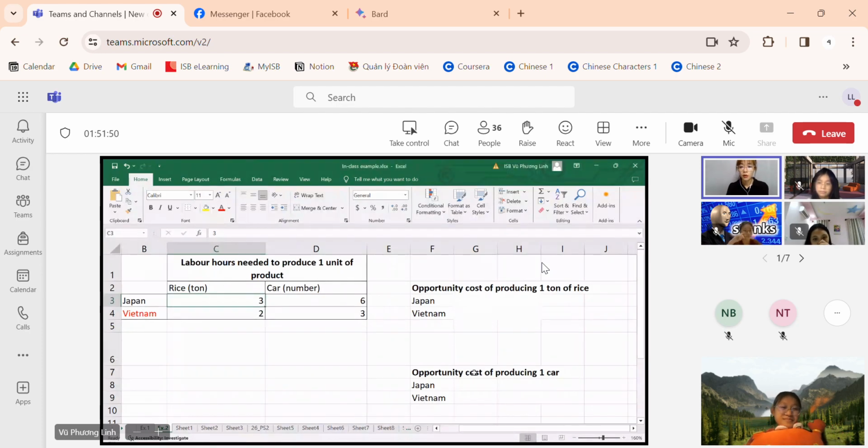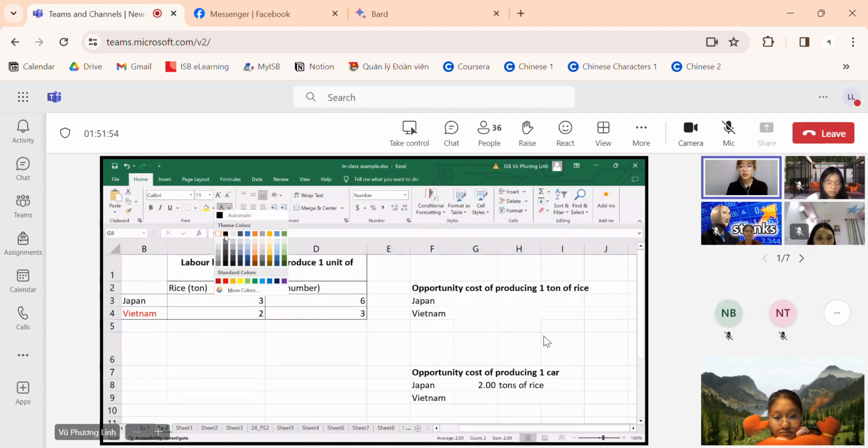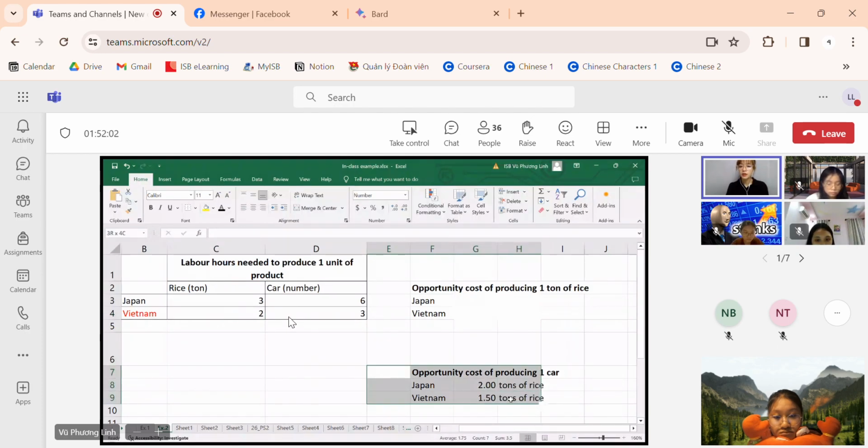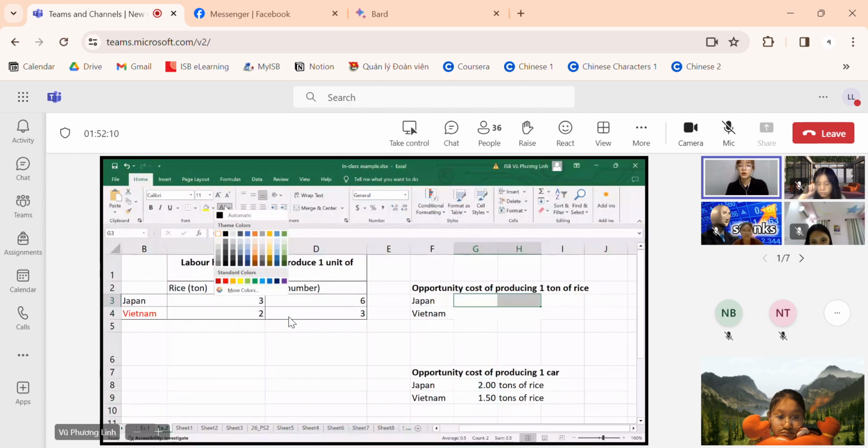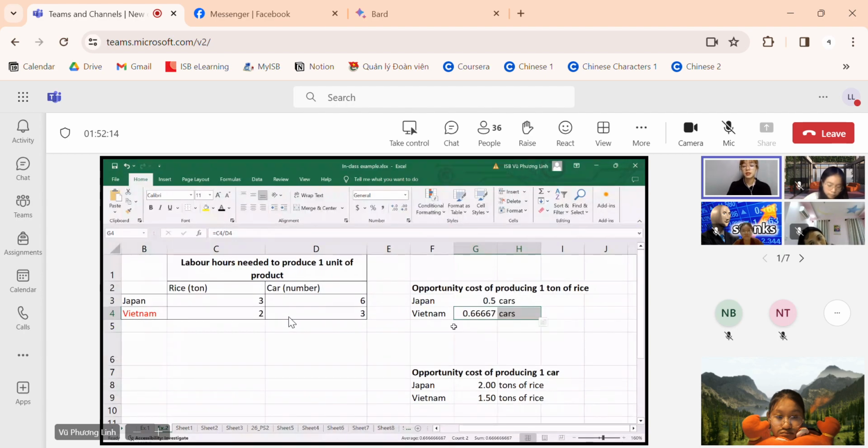So that would be 2 here. And for Vietnam it's similar: 3 divided by 2, which is 1.5. If this one is all correct, for the answer here, it's simply 1 divided by this one, and you get 0.5, and then 0.67 for the case of Vietnam.